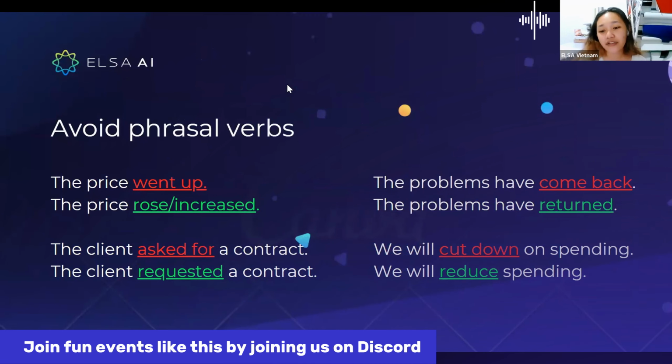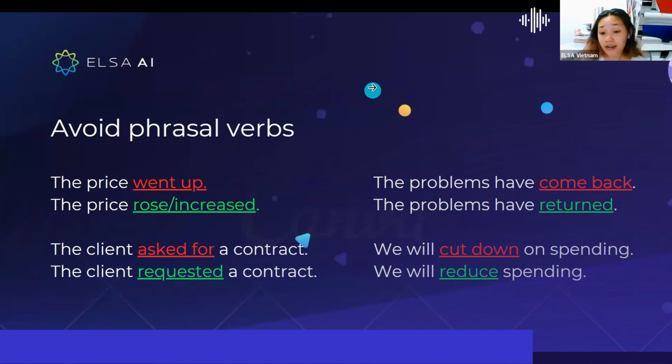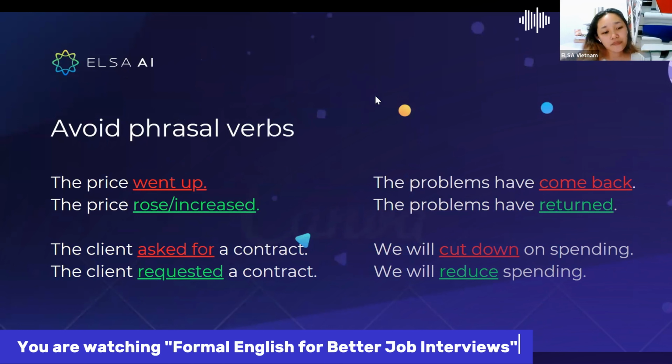Do you guys have other terms that you can substitute for requested or asked for? I don't know the other terms for asked for, but requested I think is a really good term that you can substitute for asked for.